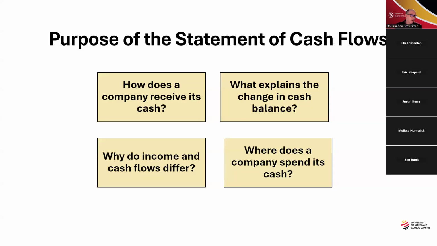All right. So, the first thing I want to talk about is the purpose of the statement of cash flows. The statement of cash flows reports the cash receipts, which is the cash inflows.